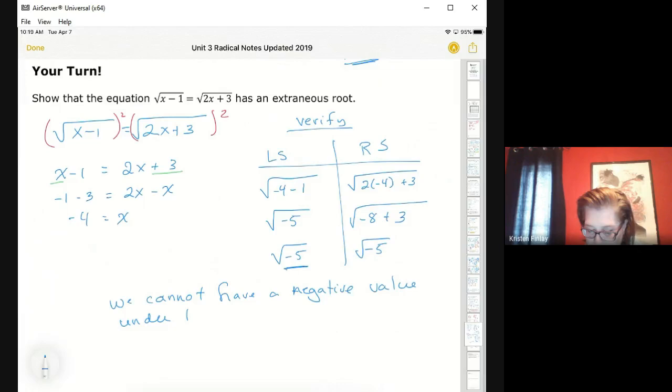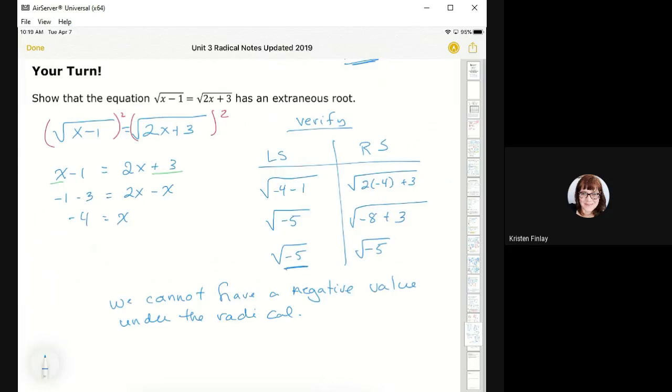So even though looking at them, you say, but Miss, it looks like they're equal. They aren't because of that negative sign. Therefore, x equals negative 4 is extraneous. It is not a valid solution. Okay? Tricky. All right, let's do the next one.